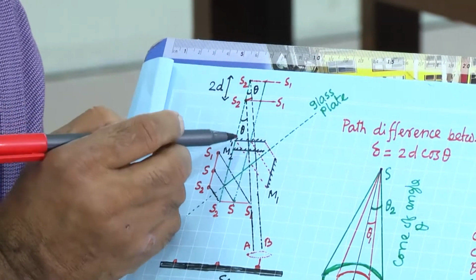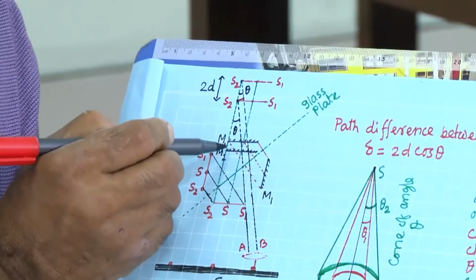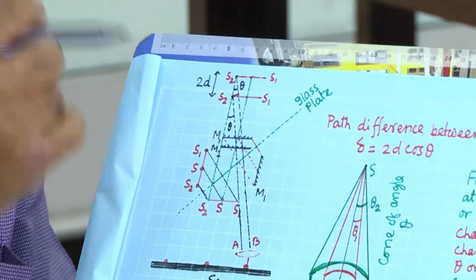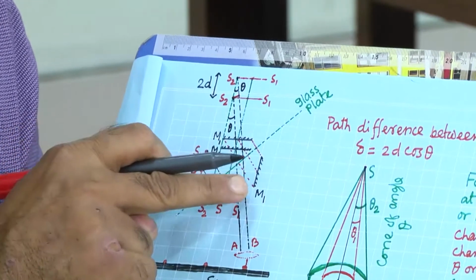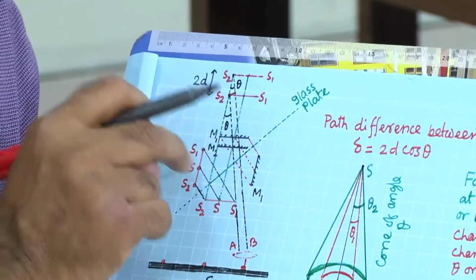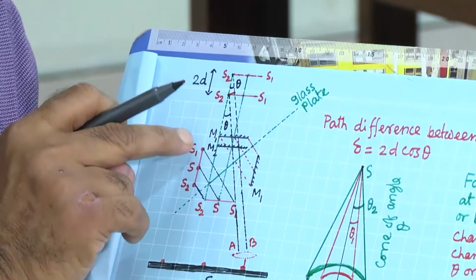Now, the distance between the mirrors M1 and M2 is d, not this distance here.